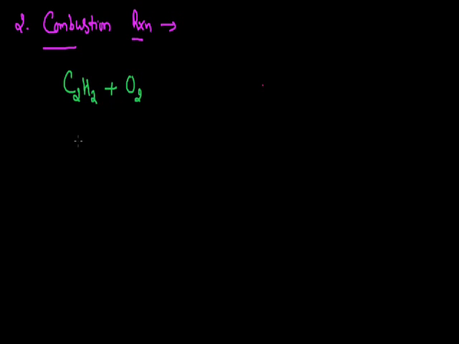That is why the flame is termed the oxyacetylene flame. Due to the very high temperature released by this combustion reaction, this oxyacetylene flame is used for welding. So for welding and cutting steel, we can use this oxyacetylene flame.